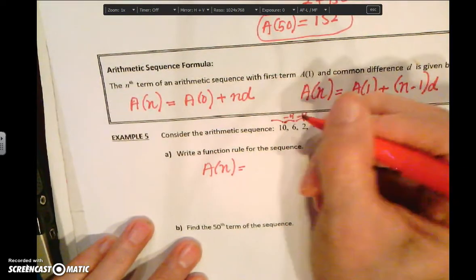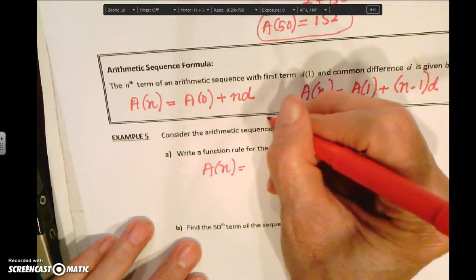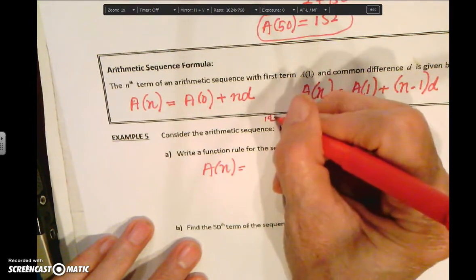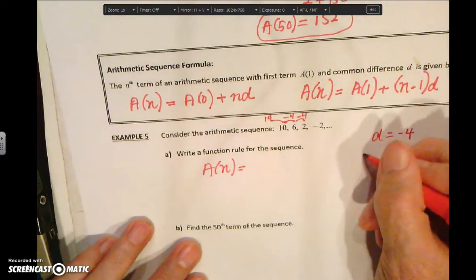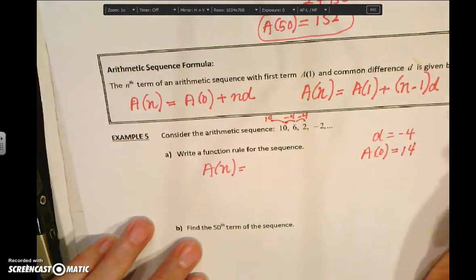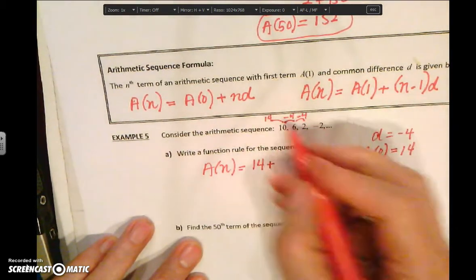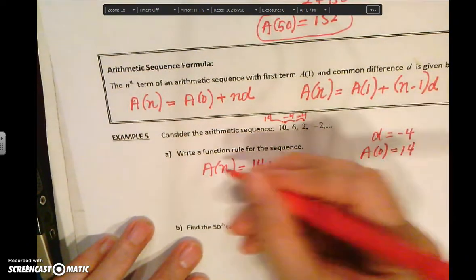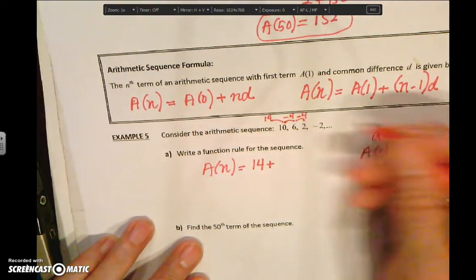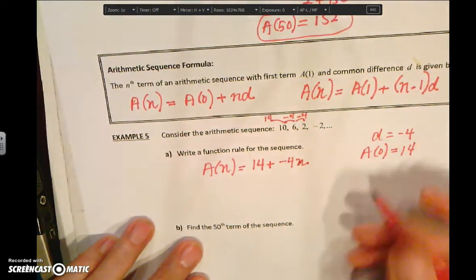So what would it have been over here? Kind of think backwards. I'm going to add 4 to it and get 14. So 14 minus 4 would give me the 10. So if I did a sub 0, it would be 14. So the 0 term plus n, the number of the term, times the difference, which is negative 4. So negative 4 times n.